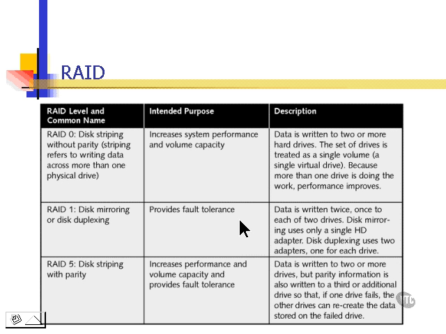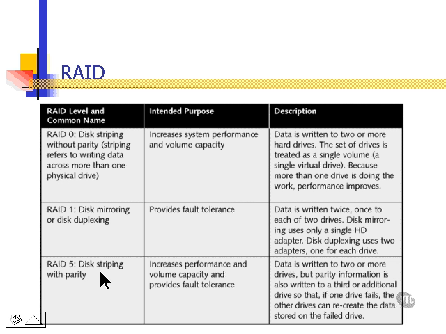When we duplex, we also add another adapter card or hard drive controller card, so that if one card were to fail, the other drive can still function. So when we duplex, we provide fault tolerance not only for data, but also for functionality.